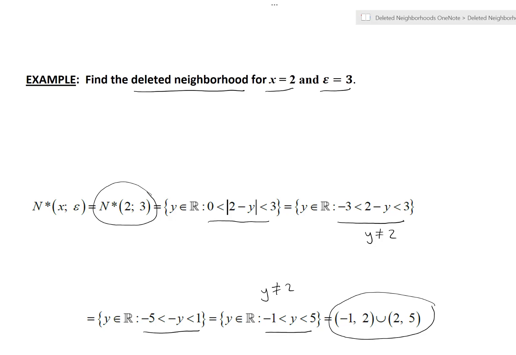All the values between negative 1 and 2, 2 being the center, and all the values between 2 and 5. Notice that the distance from negative 1 to 2 is epsilon, which is 3, and the distance from 2 to 5 is epsilon, 3 as well, and we do not include the 2 since that is where we are centering our interval.